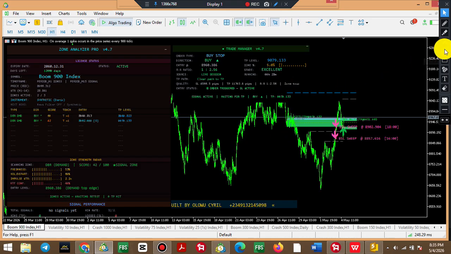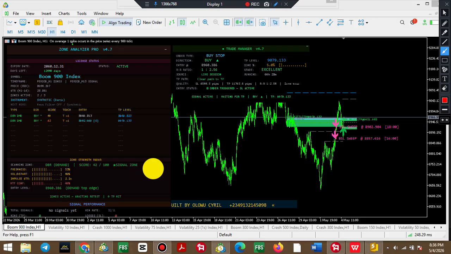On the norms, for this signal to give you excellent, right, we will expect the whole confluence, which is under the zone strength radar, to give us a green bar. But when you check the radar now, most of the signals seem to look like they are weak, right?